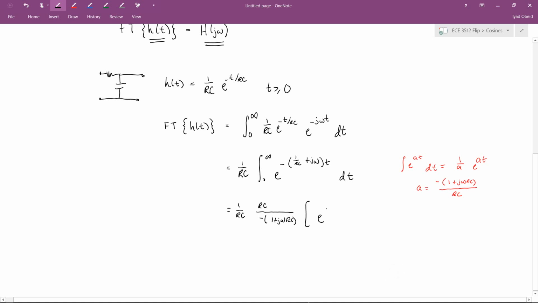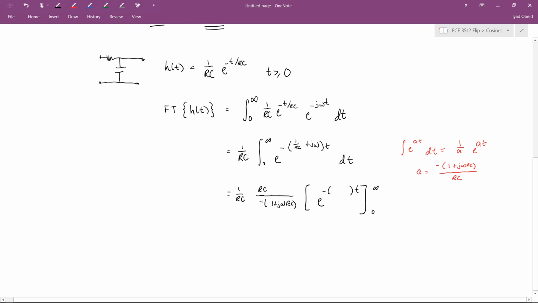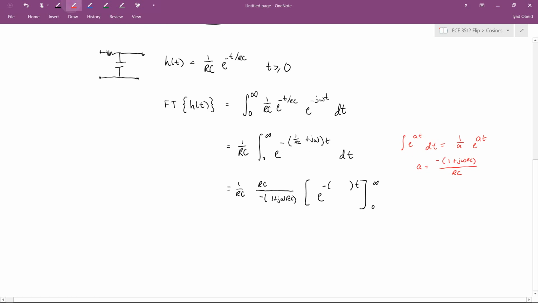So e to the minus, and I'm just going to put parentheses just because I don't feel like rewriting all that stuff, from 0 to infinity. And then I'm going to notice a couple things. First of all, the RC's cancel. Then when I substitute in infinity for t, I get 0, because e to the minus infinity is 0.